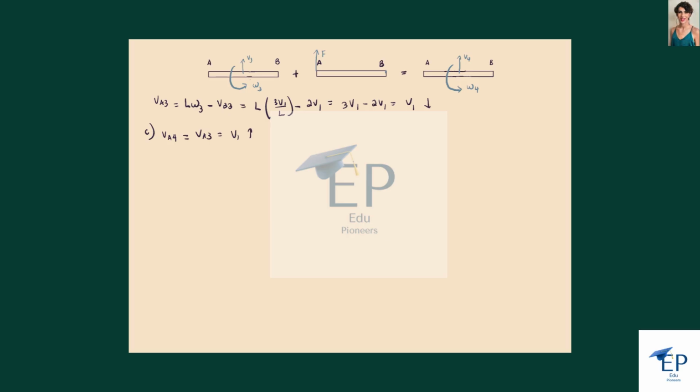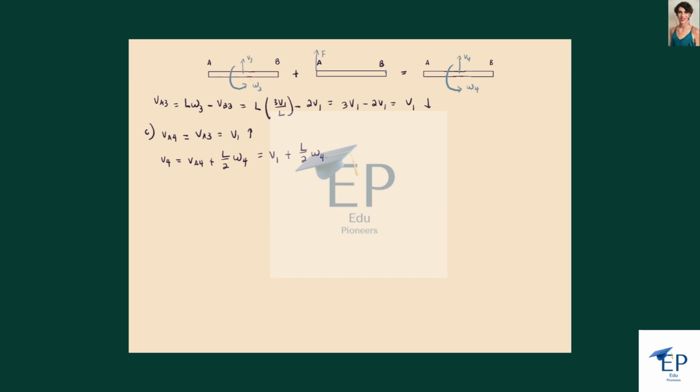Since the center of the rod is at a distance L over 2 away, and because V4 is in the same direction as VA4, the equation for V4 would be V4 equals VA4 plus L over 2 omega 4. So this would be equal to V1 plus L over 2 omega 4.